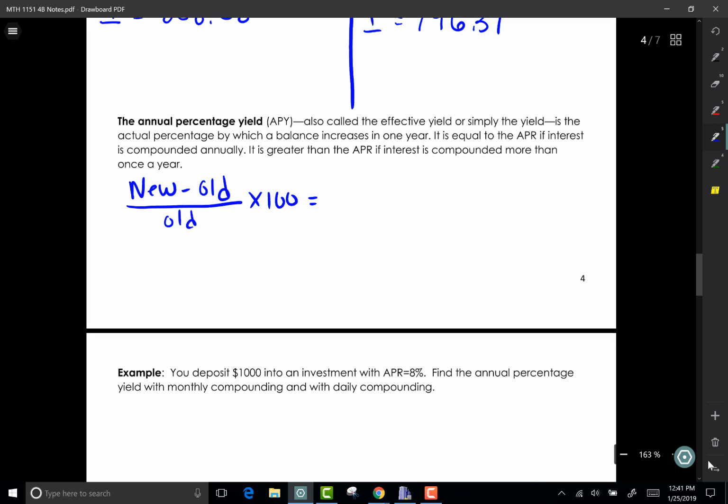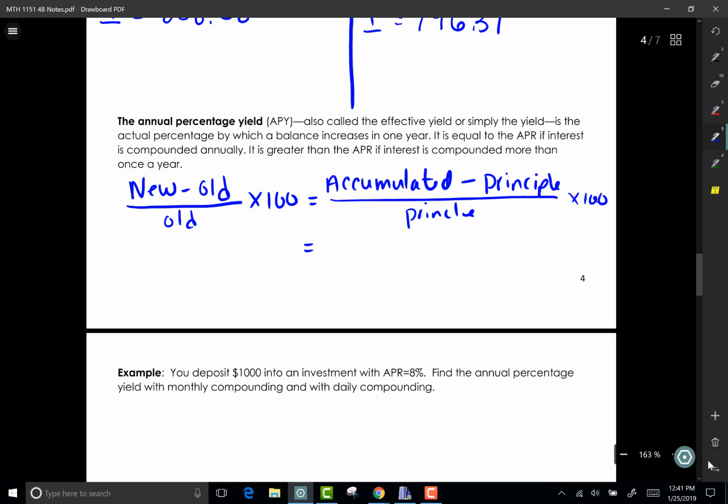Well, when we're talking about percentage, and we're talking about principals and accumulated values, the new amount is going to be the accumulated value that we've gotten for the year, minus the old would be the principal, what we started with, divided by the principal, that's the old amount, and then we multiply it by 100.